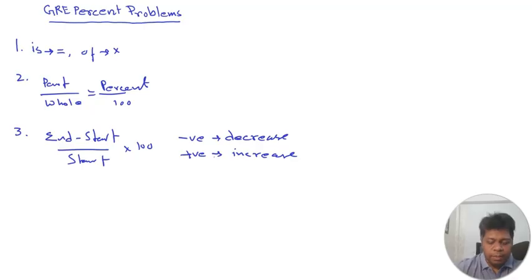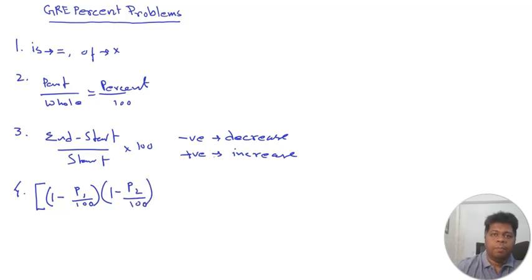Then there comes the successive application of percentages. In that case it would be like this: 1 minus percent 1, if it is a decrease, then the next percentage, percent 2. A problem could be like: a 10% decrease happened to the price of a laptop and then a further 20% decrease happened next year.